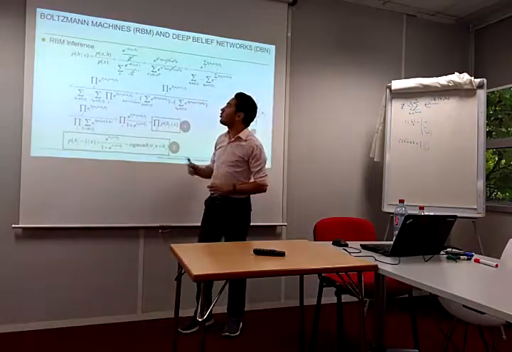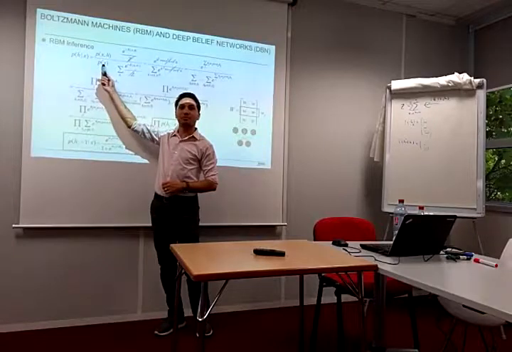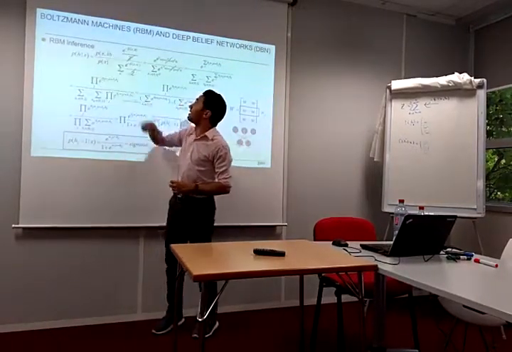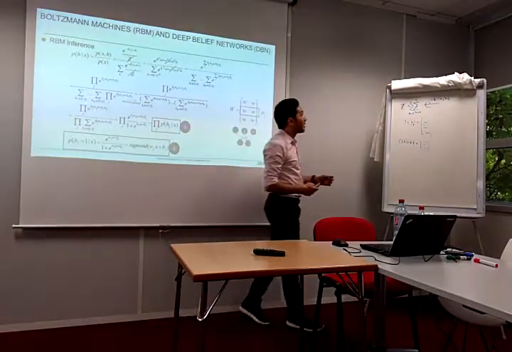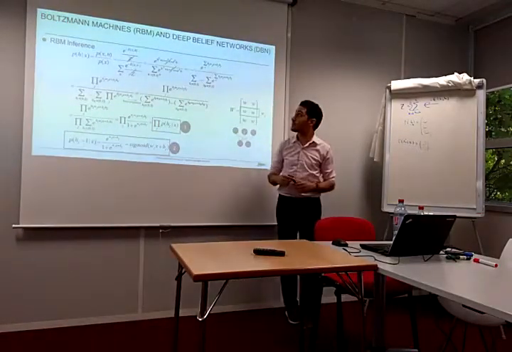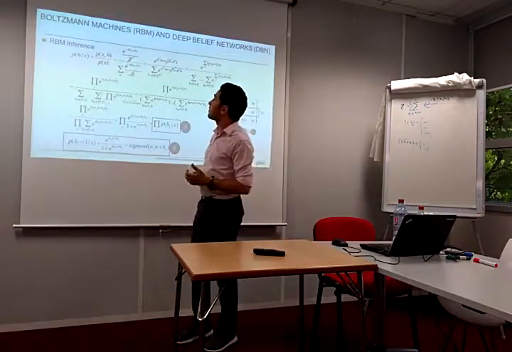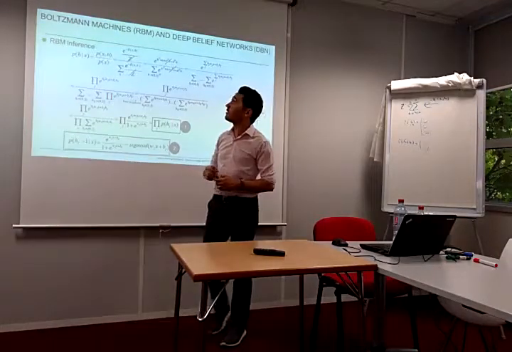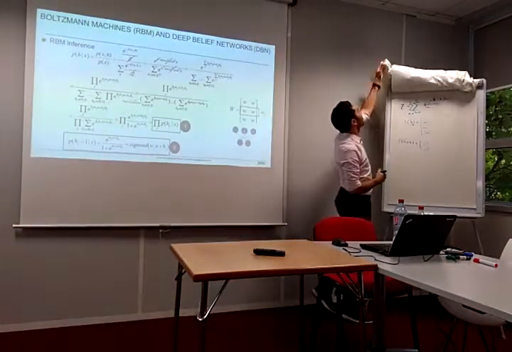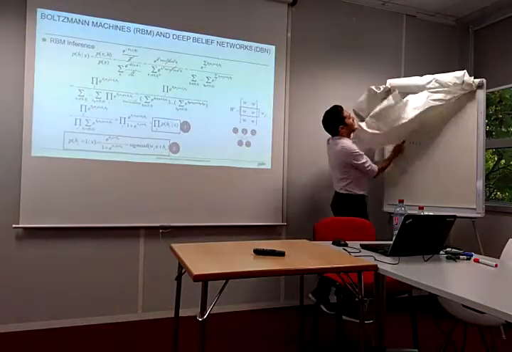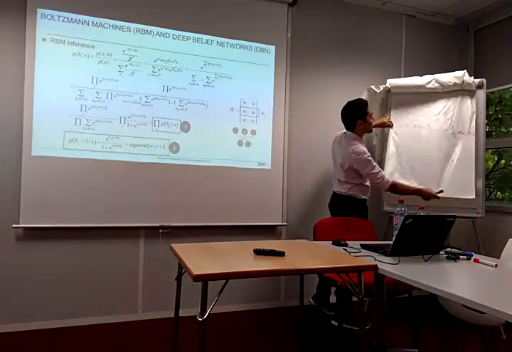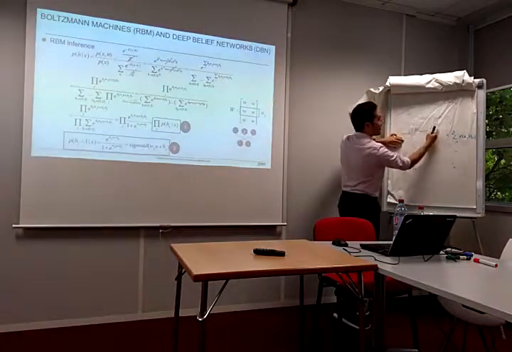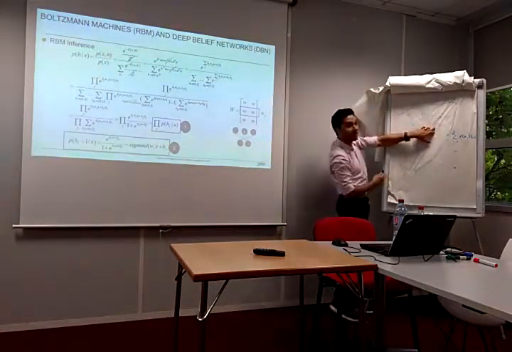Okay? Do we know P of X? No, but we can get it by total probability over P of X and H. What is P of X? P of X is, what do you think? Yeah, this is P of X, right?